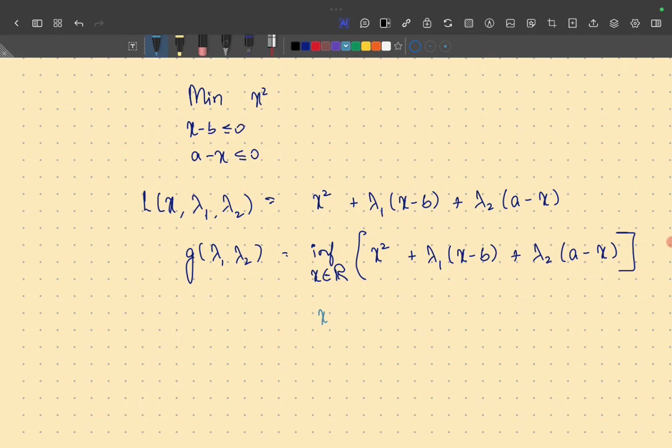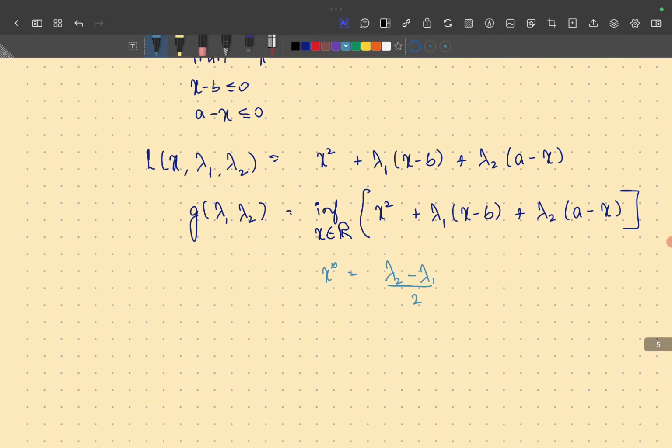So this x star is going to be equal to lambda 2 minus lambda 1 by 2. Okay. Let's plug this back into the function. What do you get? What is g of lambda 1, lambda 2?